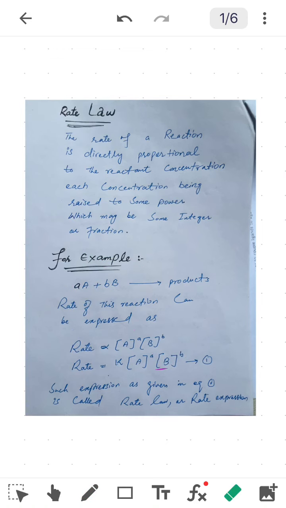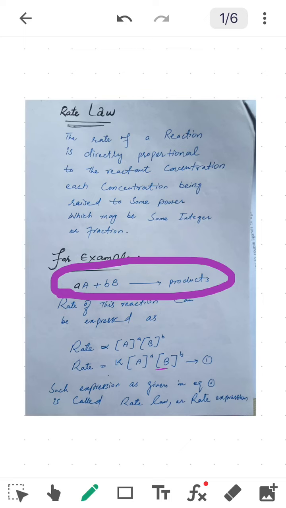Now, moving toward the example, if we look at this reaction, here reactant A reacts with reactant B to form product.